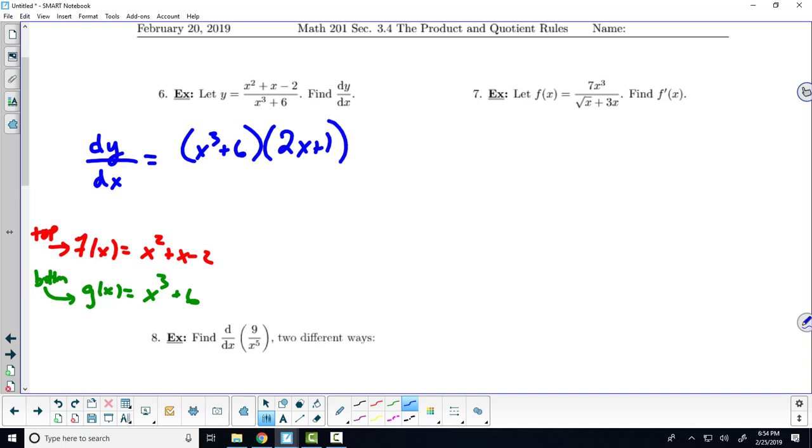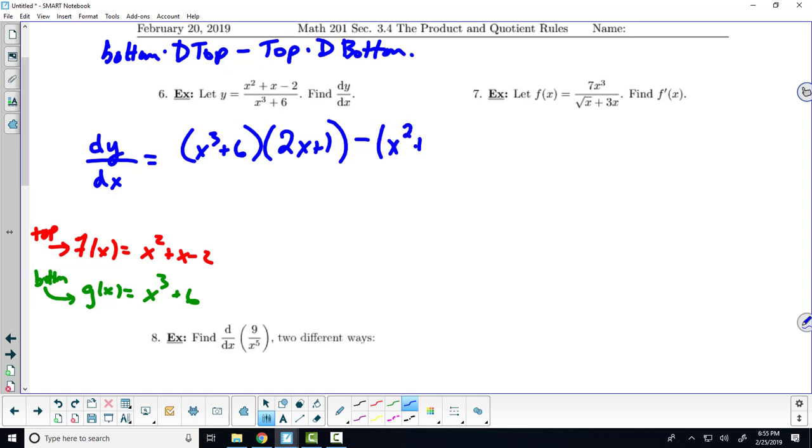Okay. So if you're following along with the mnemonic, we've got the bottom times the derivative of the top minus what? The top times the derivative of the bottom. So we've got a minus sign from the formula. Be careful with that, minus sign from the formula. So minus the top, what is our top function?